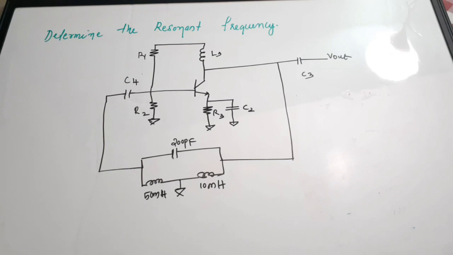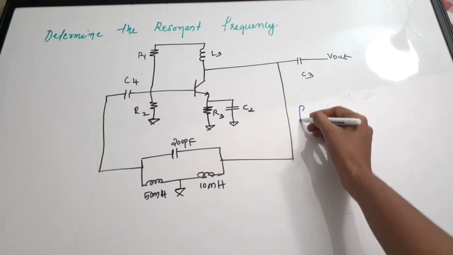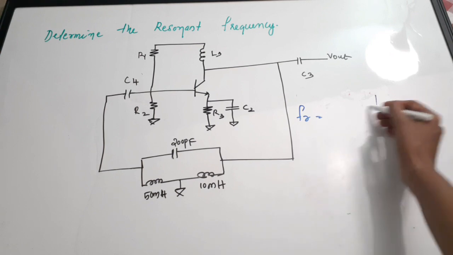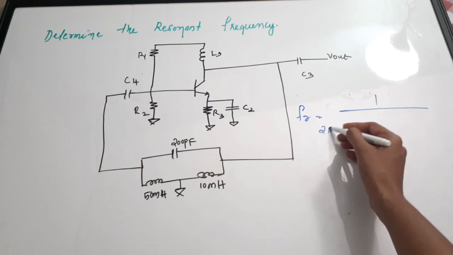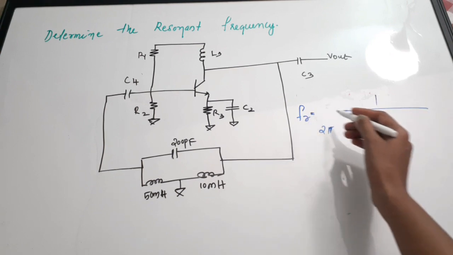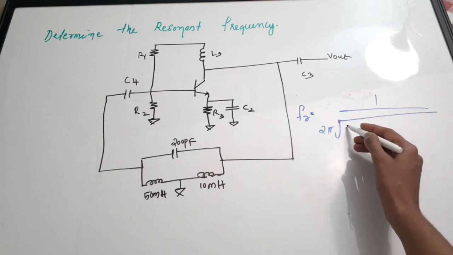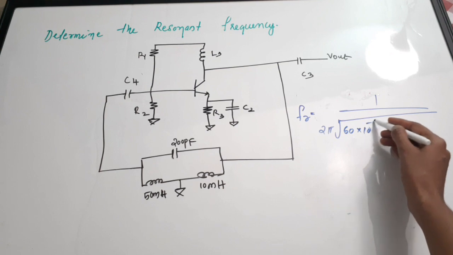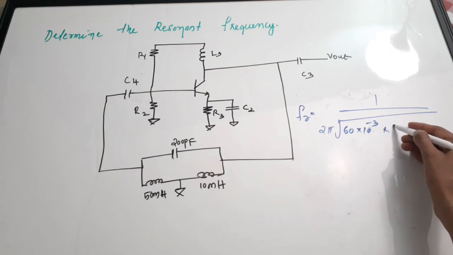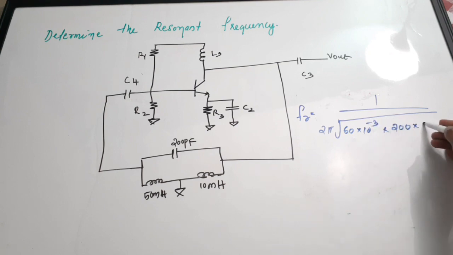Now I'm going to substitute the values in this equation, and then I'll be obtaining FR is equal to 1 by 2 pi square root of 60 millihenry, that is 60 into 10 raised to minus 3, into 200 picofarad, 200 into 10 raised to minus 12.